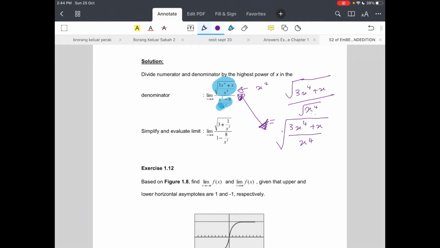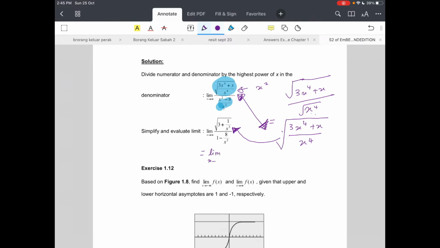You simplify it, and once you simplify it you will get this one at the numerator, and only then can you plug in the value. The solution here is not complete yet.